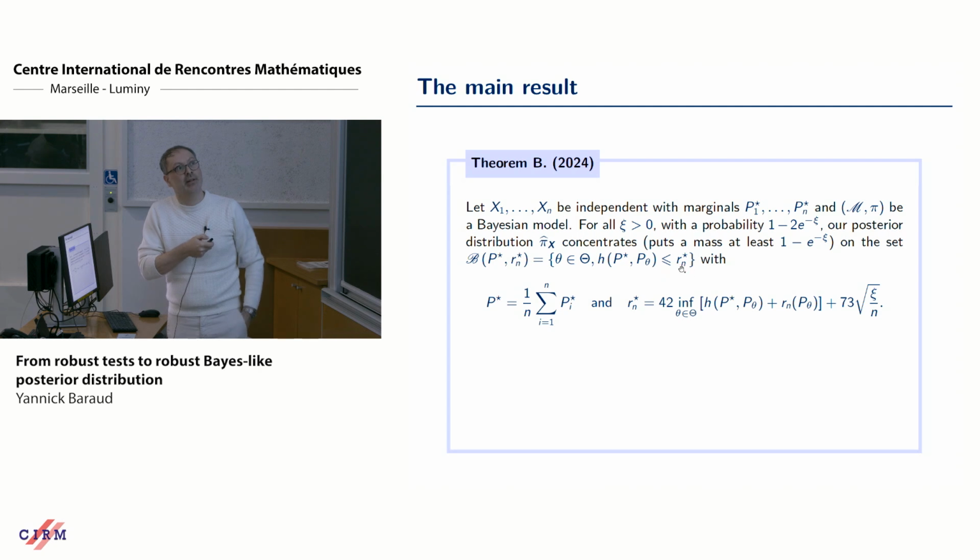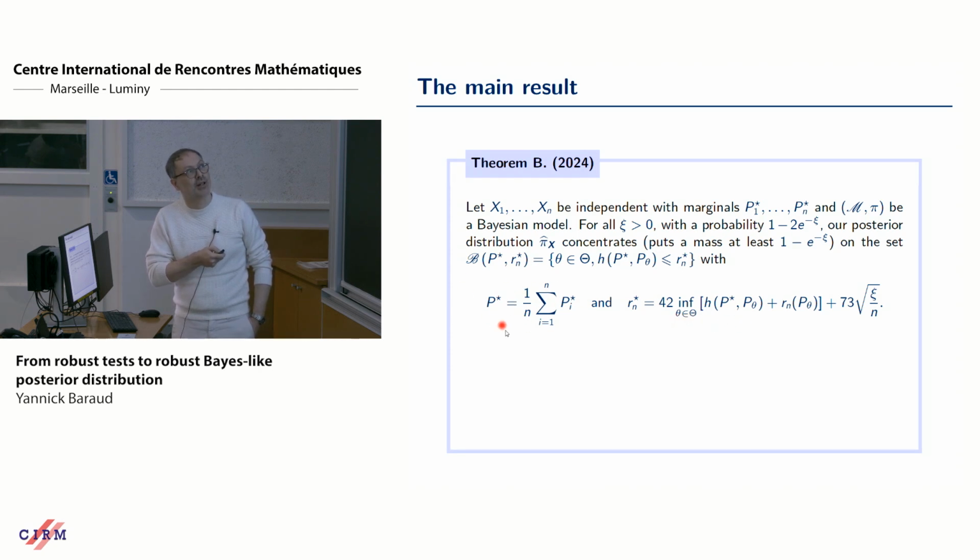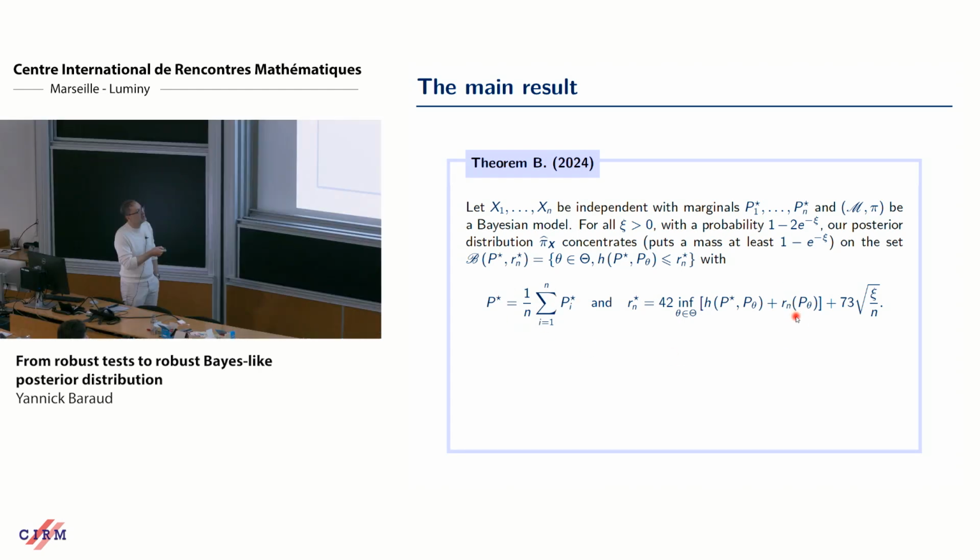And r star, the contraction rate, will depend, of course, on the level of mass you want to put on this set. Here appears a compromise between two quantities. You look at the parameter in your parameter space that approximates well this average of marginals, plus the rate you would get if you were in a situation where your data were truly i.i.d. with distribution p theta.